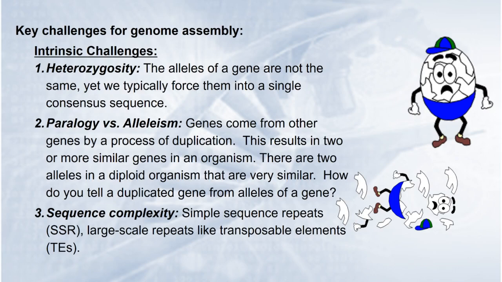And that's really also part of what is meant by sequence complexity, that the sequences are inherently repetitive, and those repeats can be as simple as little SSRs, so 2 nucleotides represented 100 times over and over again, but you don't usually find too many of those cases in bacteria, to large repeats like transposable elements or in fact the ribosomal RNA genes.